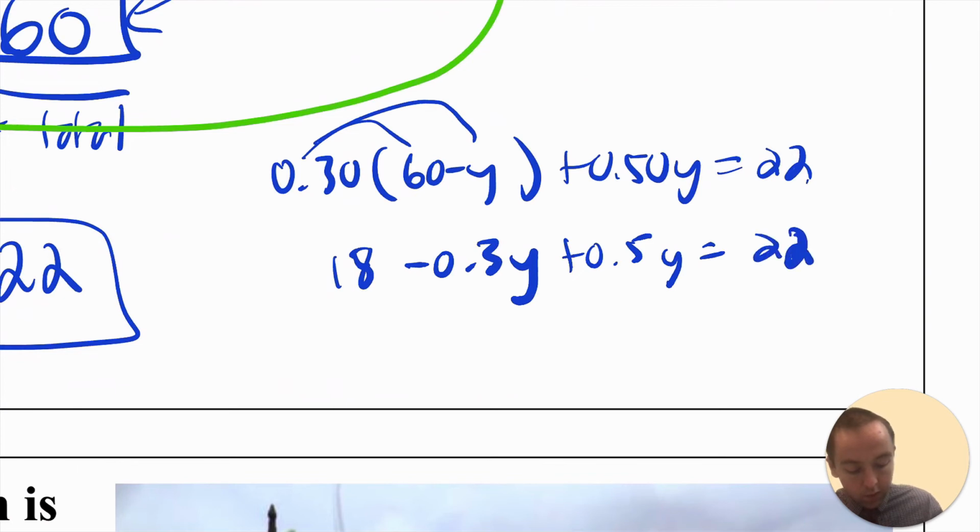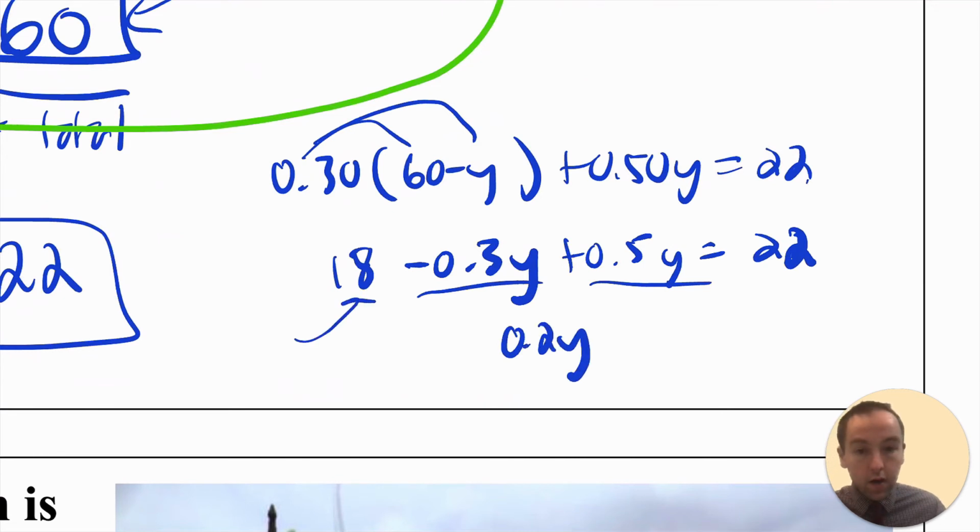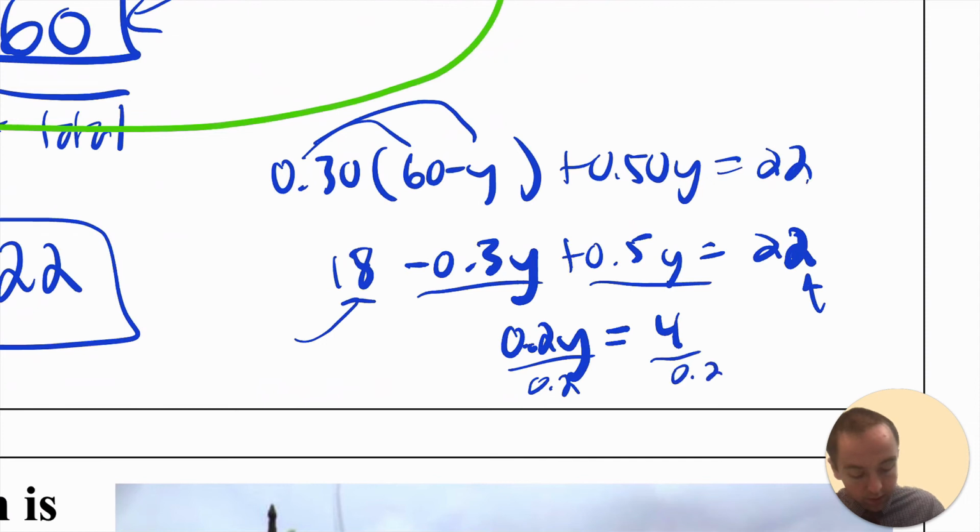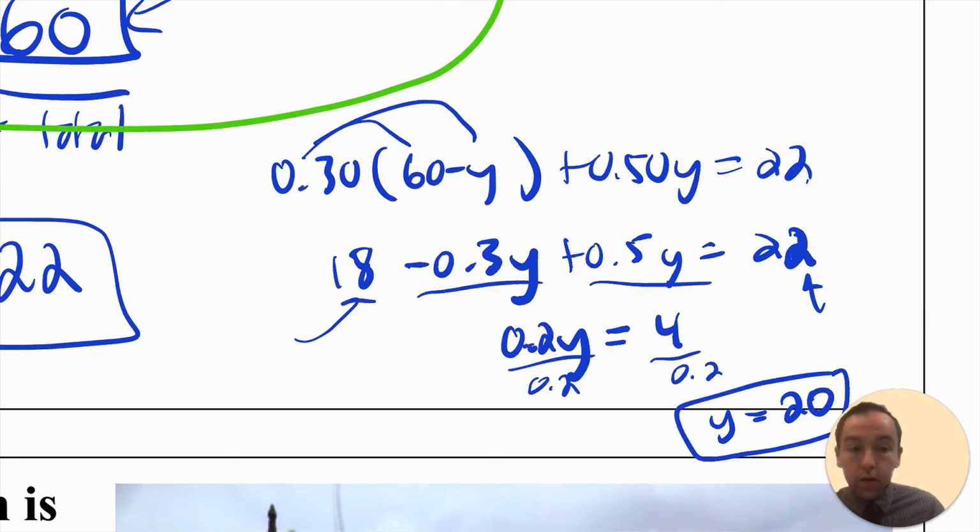So there are a couple like terms right there that we can combine to give 0.2Y. And then I'm going to subtract 18 from both sides, which gives me 4. So then if we divide by 0.2, we should be able to get our final solution. And we do get an answer there of Y equals 20.